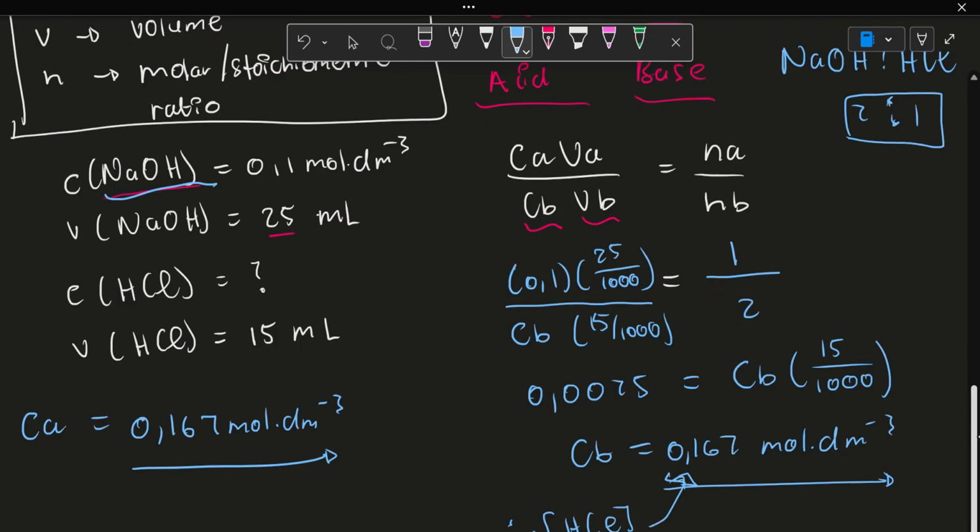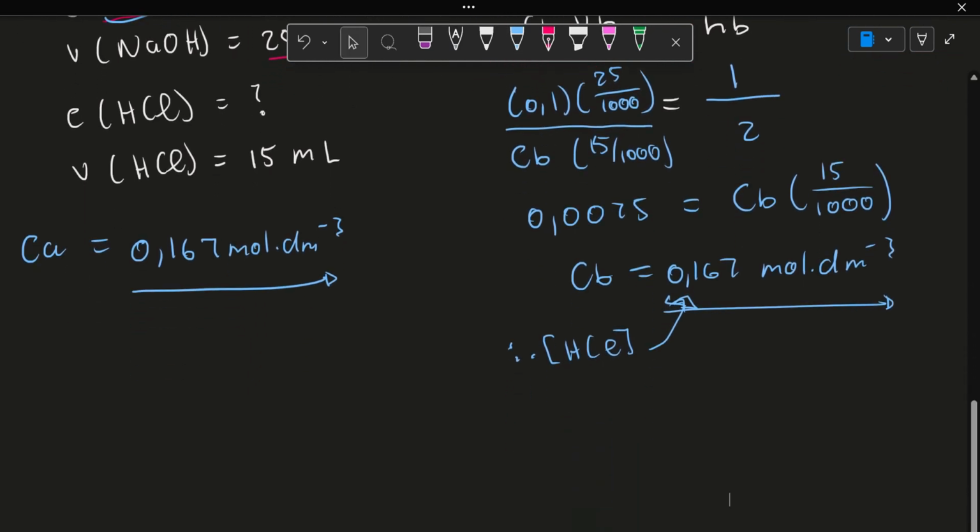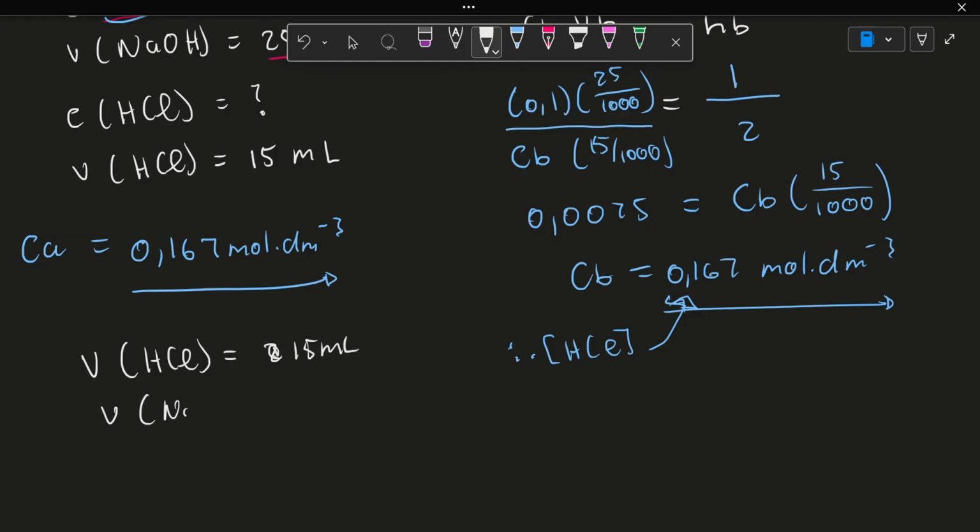So that's why I just said it really doesn't matter. And another thing, when it comes to the volume, if I know that the volume of HCl is 15 milliliters and the volume of NaOH is 25 milliliters, it really doesn't matter if I substitute these volumes in the equation without converting to cubic decimeters. Why?